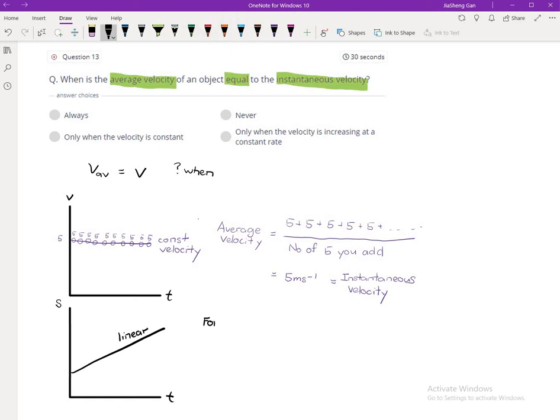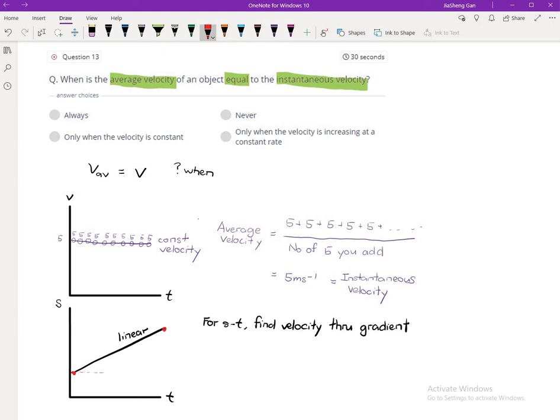For displacement time graph, find instantaneous or any velocity through gradient. Okay, so if you want to find the average velocity, it will be final minus initial.